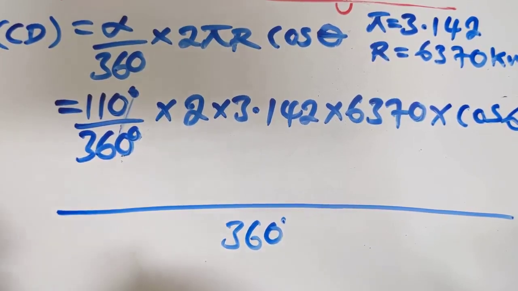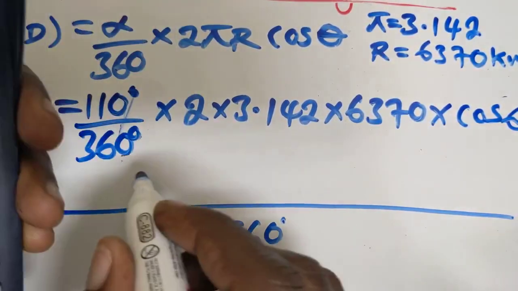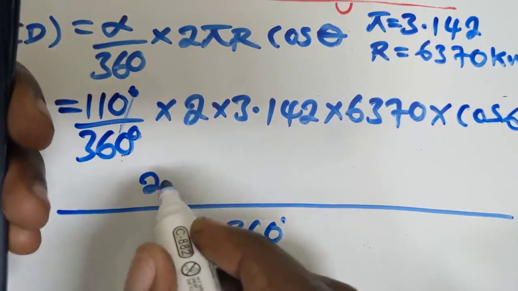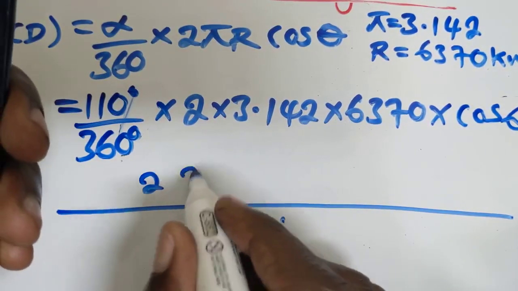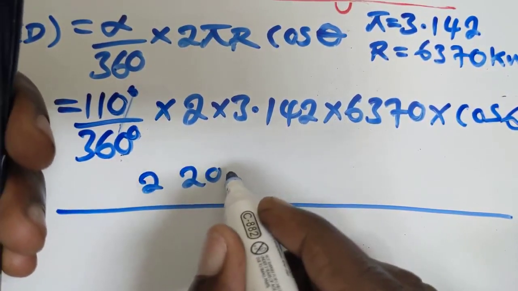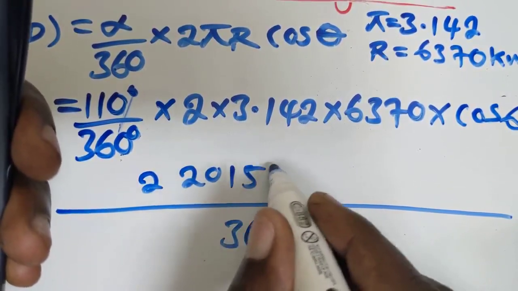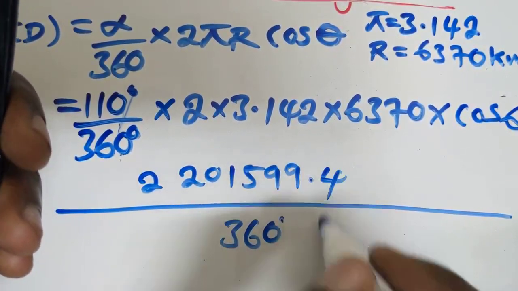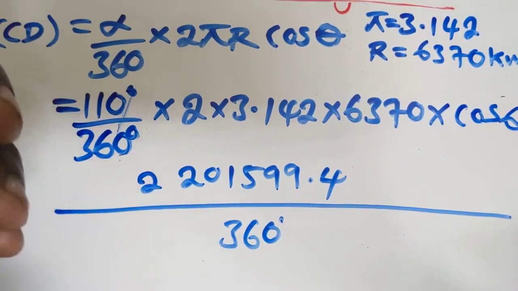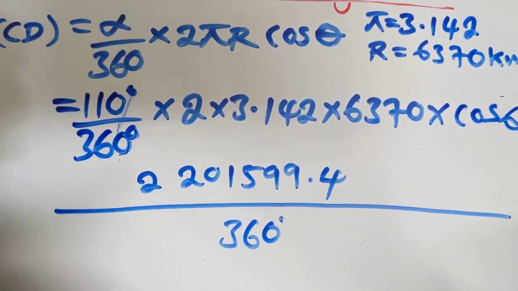So let me just try to calculate. You find that the answer is 221,599.4. Then you just divide by 360.